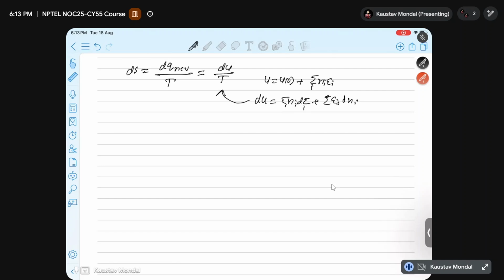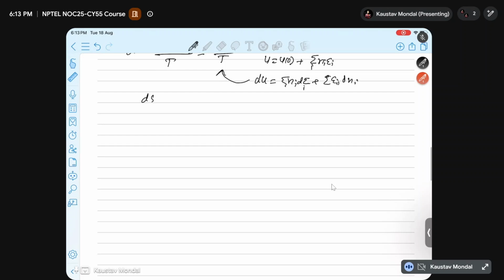So after using all that mathematics and all those assumptions here, we get the expression for the change in entropy like this: A equal to summation over i, so no summation is there, A into d of log W. Now from here, S will be A into log W. This is the expression of entropy we got.